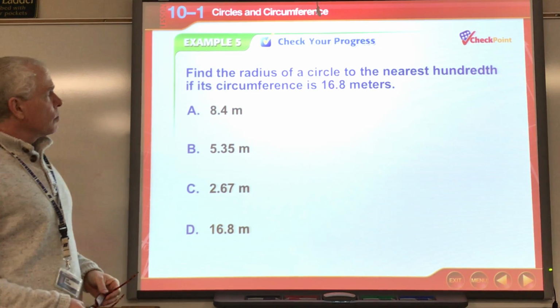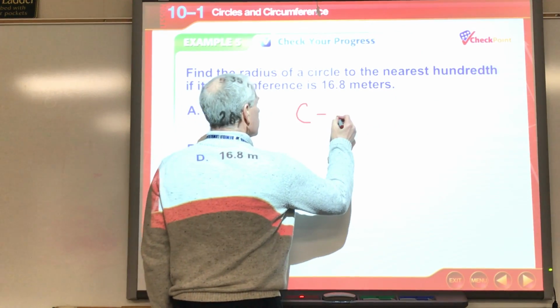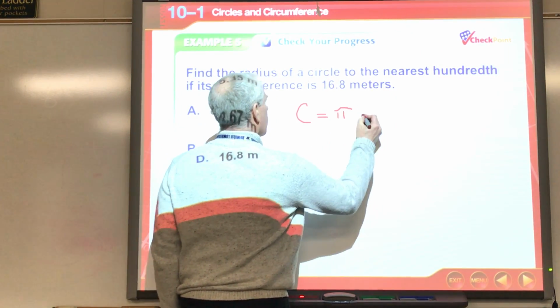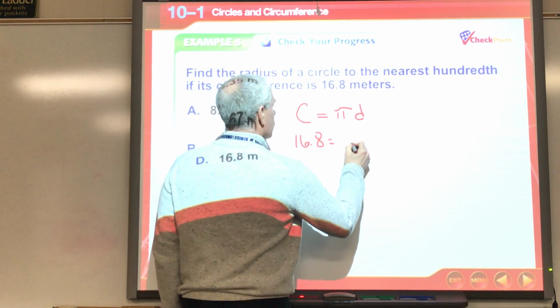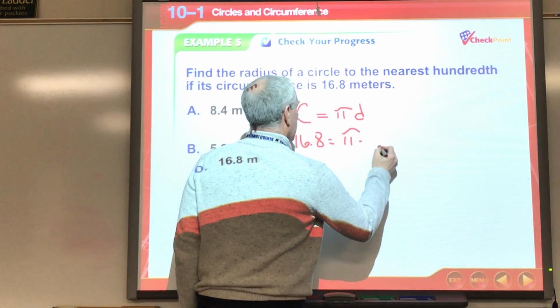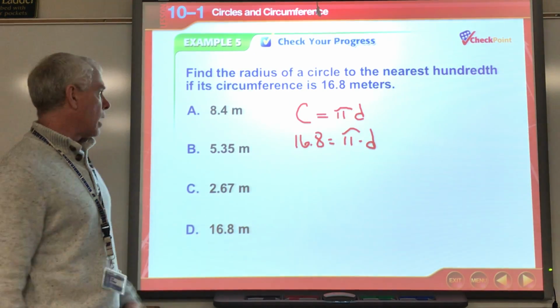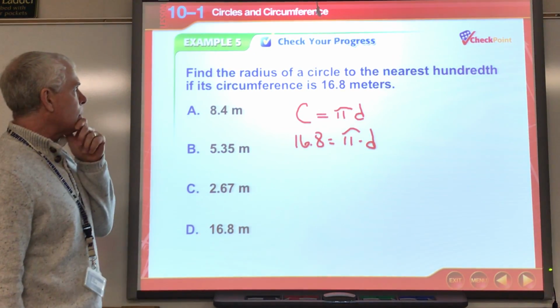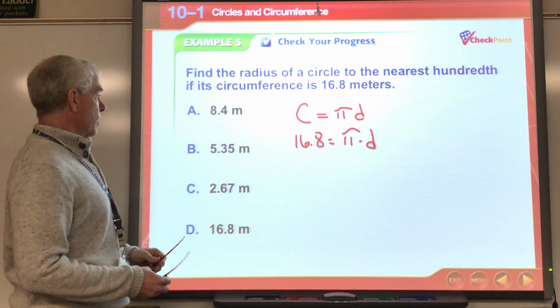All right, so you give this a shot, you guys. It says the circumference is 16.8 meters. So circumference is equal to pi times diameter. 16.8 equals pi times diameter. Okay, so mathematically then I have to divide by pi. I have to take 16.8 divided by pi to find the diameter.